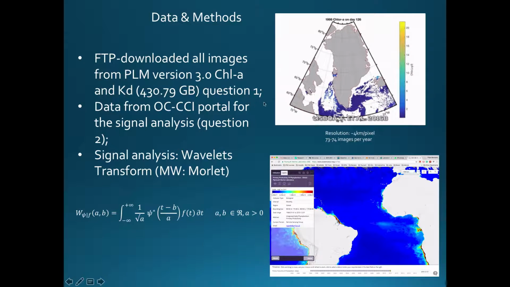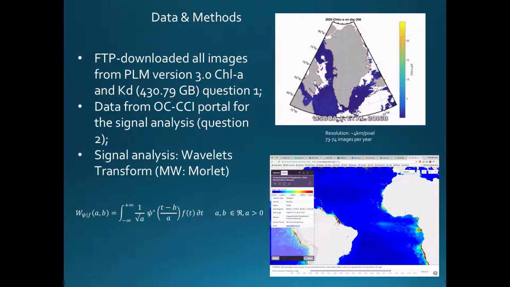The data that we used is very big. It's a huge amount of data. We have collected means of 5 days, so 5-day products of chlorophyll A and another coefficient that I will talk about further. And this corresponds to 431 gigabytes of data. You can see these products changing. Here you have chlorophyll concentration, here you have Greenland, and what you see in white are areas with no data, so that you understand the difficulty of this problem.